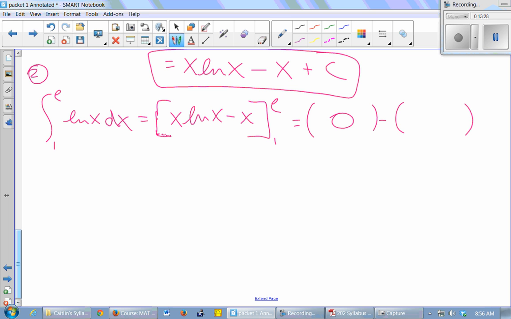And when I plug in 1, I get 1 times the ln of 1. What's the ln of 1? 0. So this term is 0. Minus 1 is negative 1. So this should come out to 1.